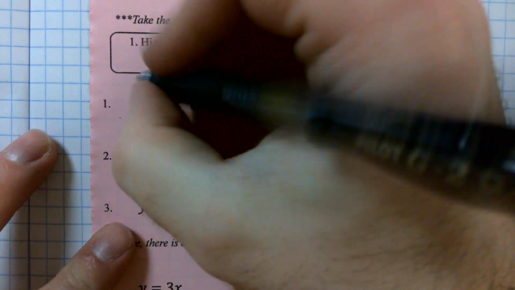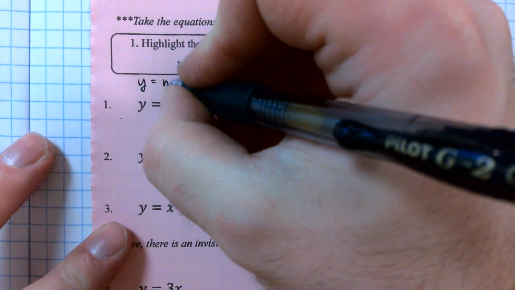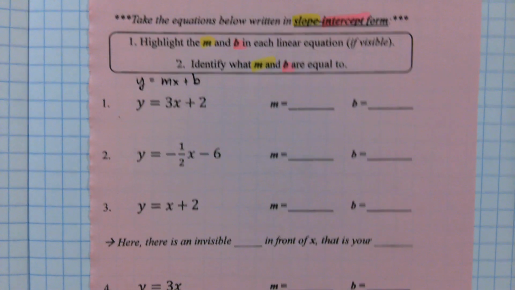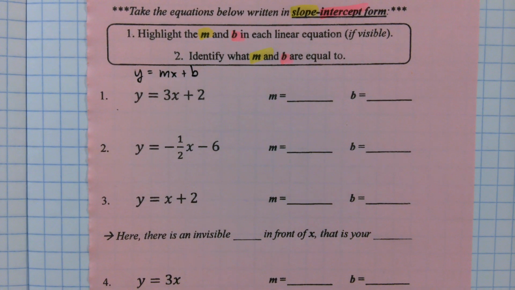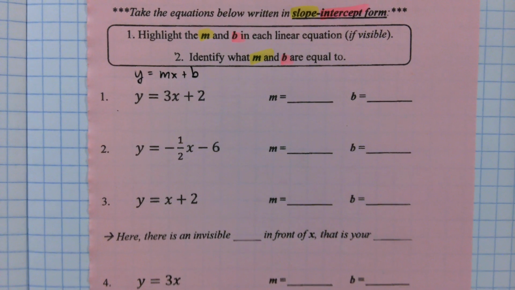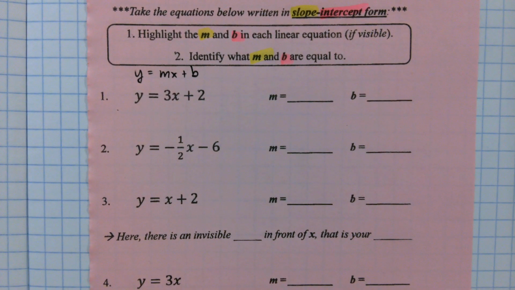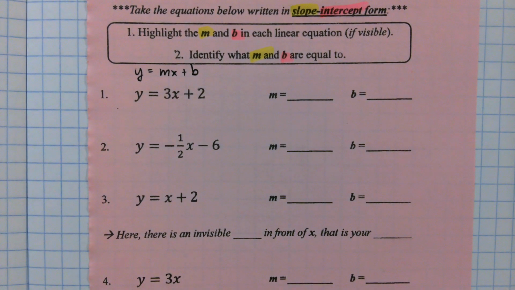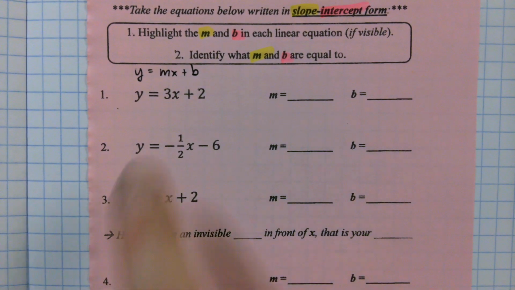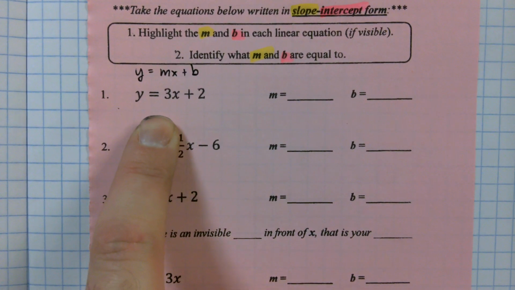So at the very top here, I want you to write our equation: y is equal to mx plus b. It's our slope-intercept form. If I'm looking at number 1, I've got the equation y is equal to 3x plus 2.